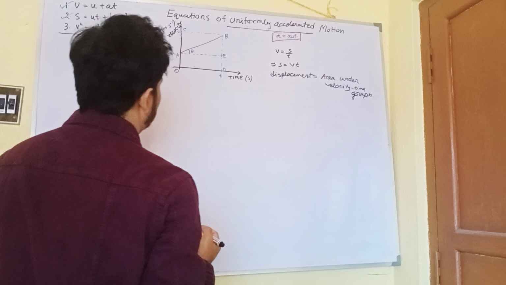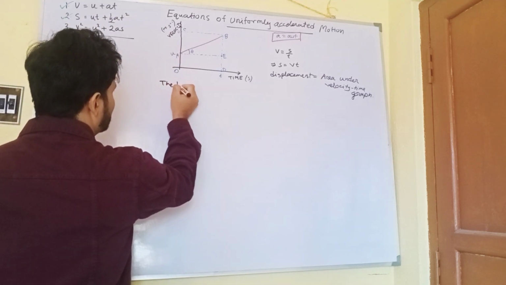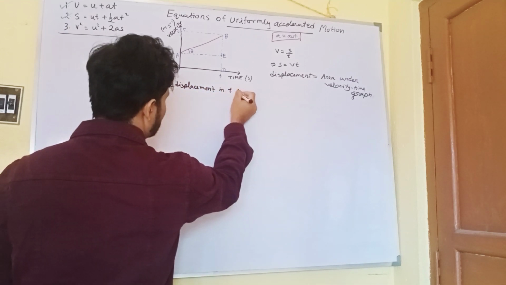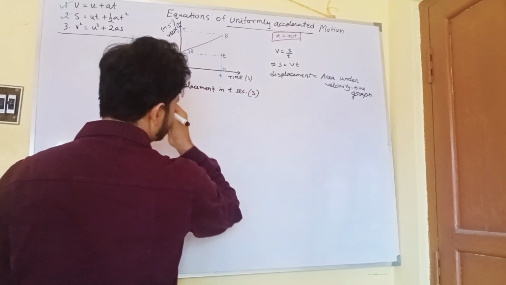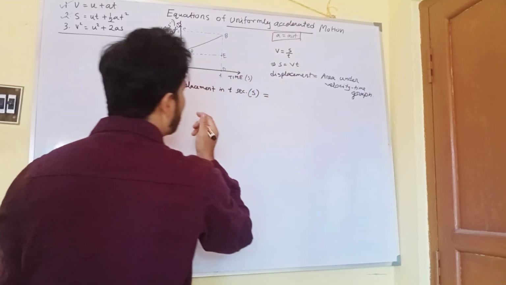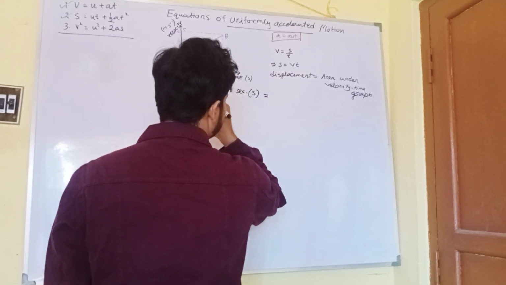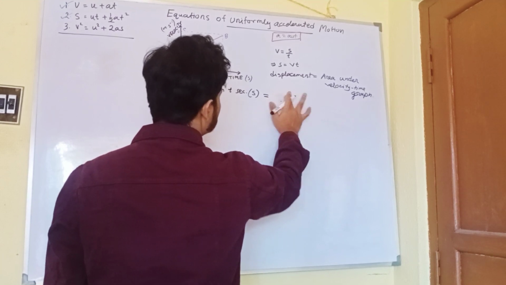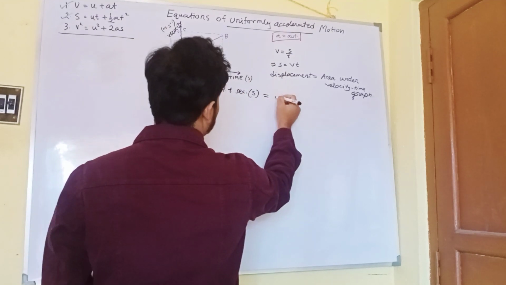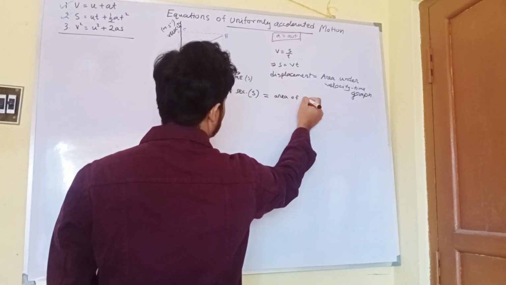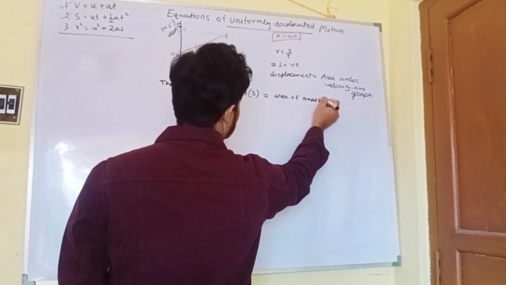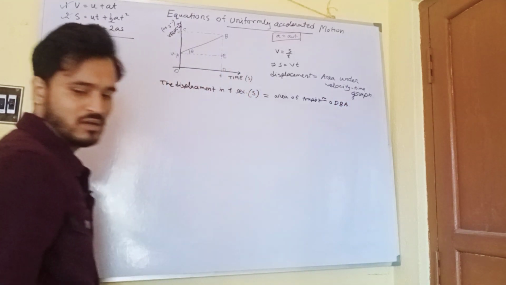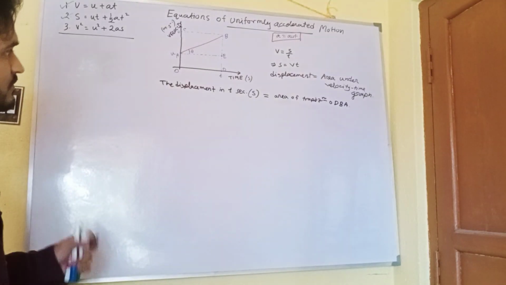Now the displacement in t seconds, that is S, is equal to, using the graphical method, the area of this trapezium ODBA. The area of this trapezium is the displacement.